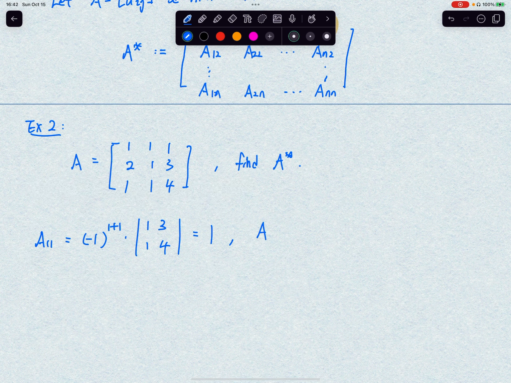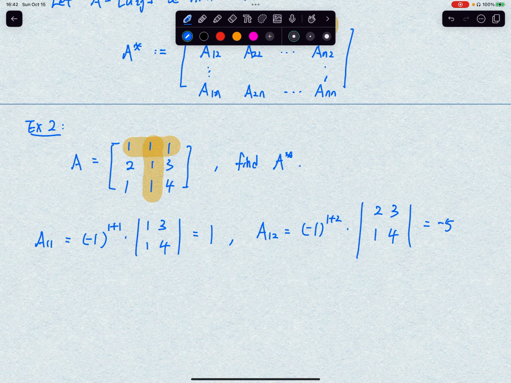Similarly, we have A12 equals minus 1 to the 1 plus 2, and we remove the first row and the second column. Then we have 2, 3, 1, 4, which is minus 5.